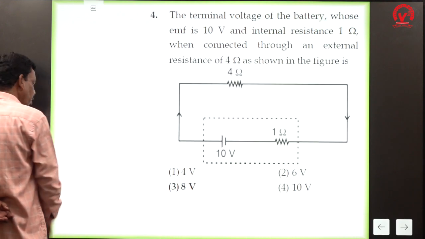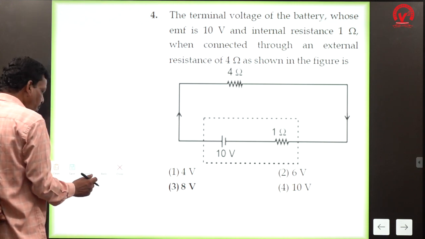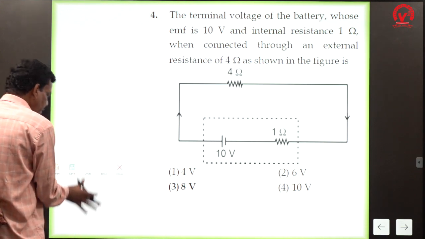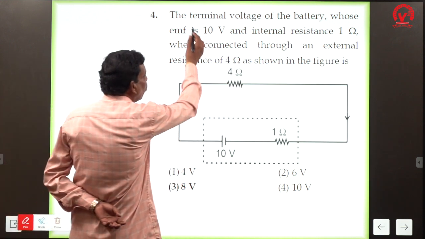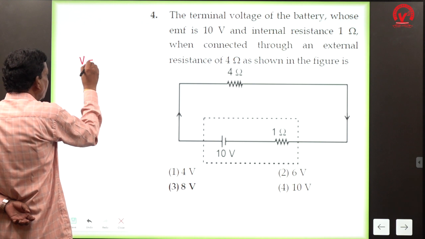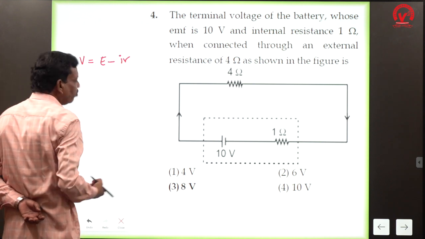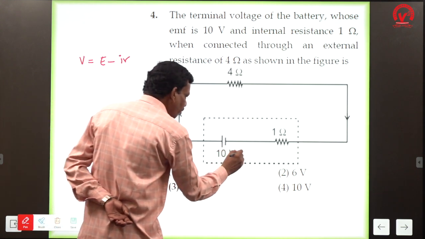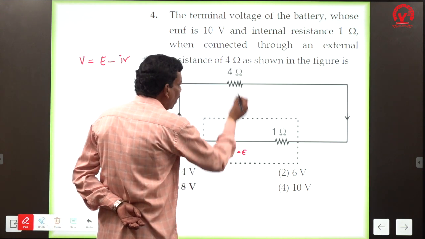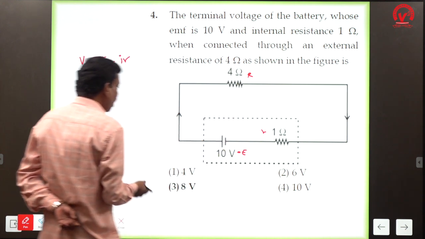Next, question number 4. They ask terminal voltage. So what is the formula for terminal voltage? V is equal to E minus Ir. So E is given as 10 volt, capital R is 4, small r is 1. We need current.